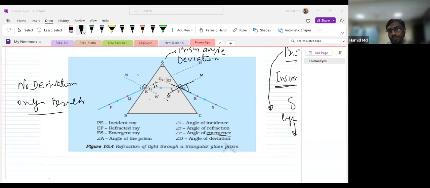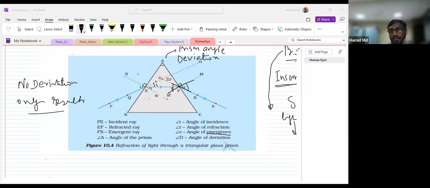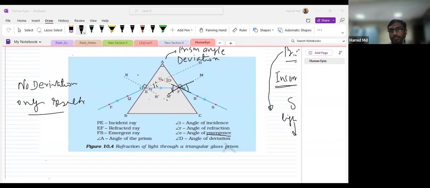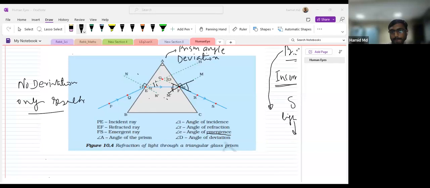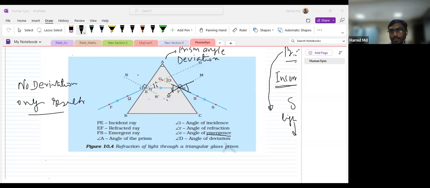Okay, so this was the brief discussion. This is only discussion. There is not much derivation or anything. So we just have to understand what refraction of light is. So again, I'm coming to that point and I'll discuss a little bit more. Give me a second.